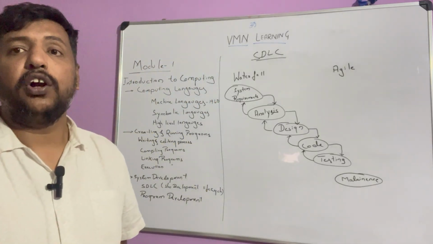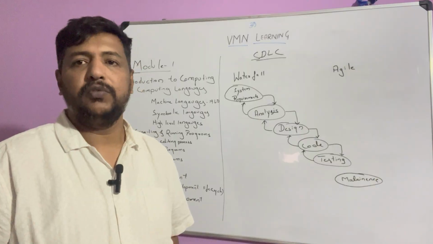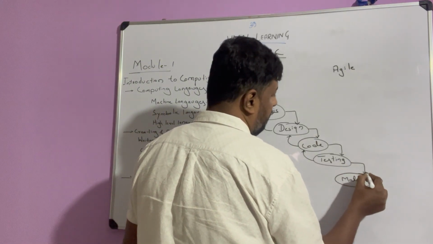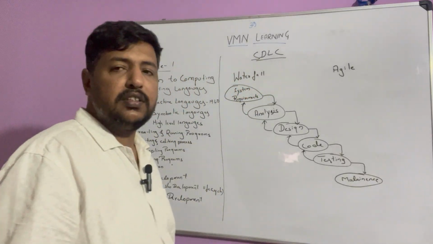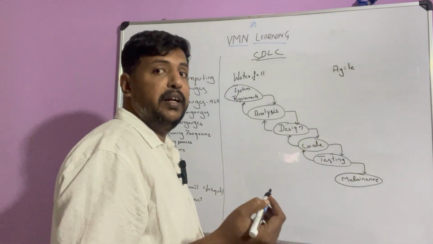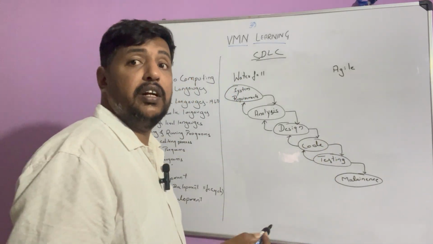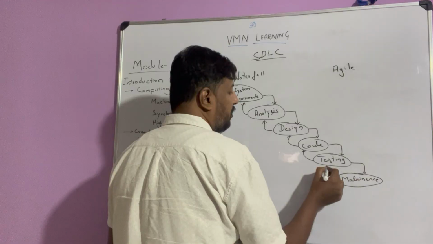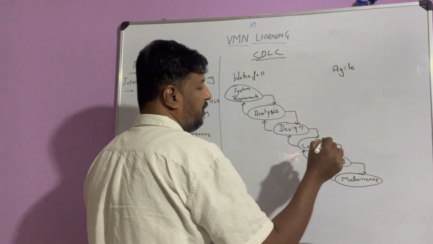Then it is not the end of the software. Then the maintenance starts. You have to provide support for this. Any queries or issues come up, and even after going into maintenance, we frequently find bugs. That again goes back to testing.